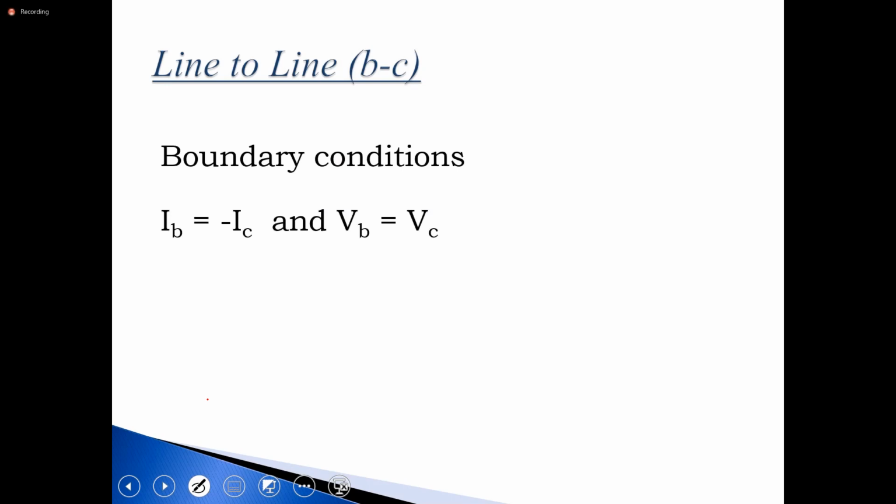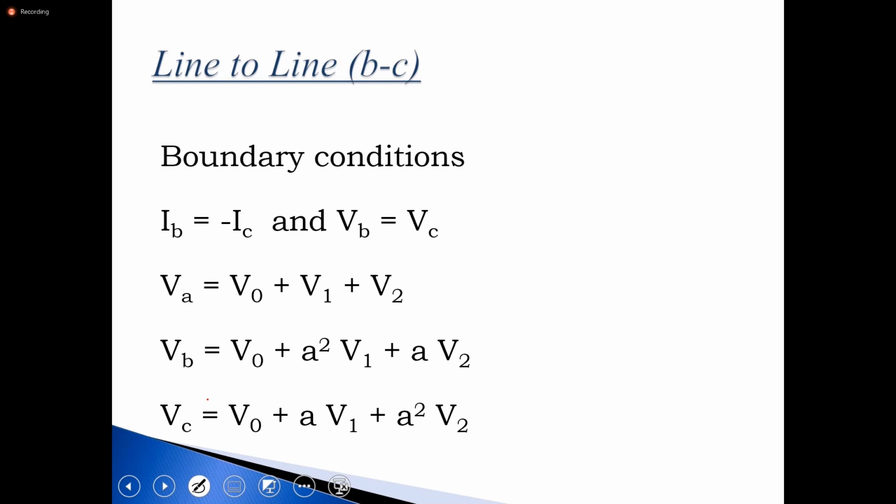So we first start by looking at the voltages. Again, we put back our three equations. What we know is that VB and VC are equal, so we can equate those two.